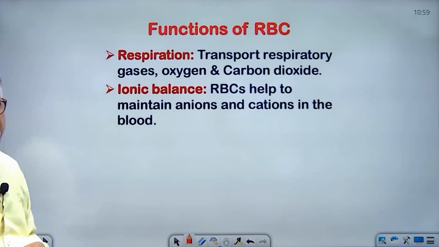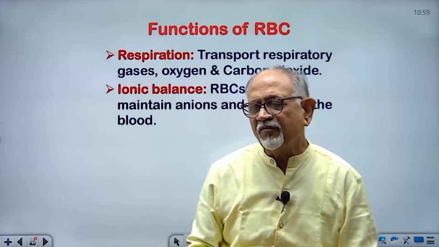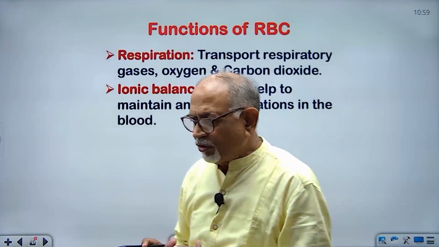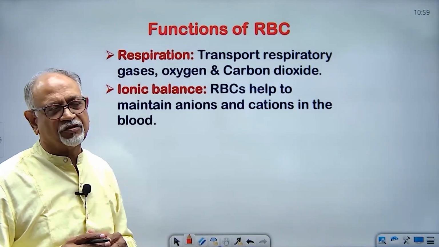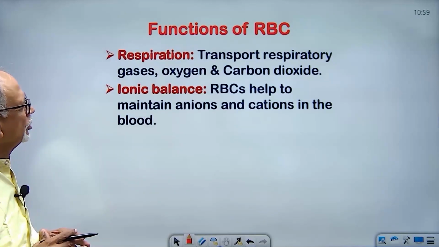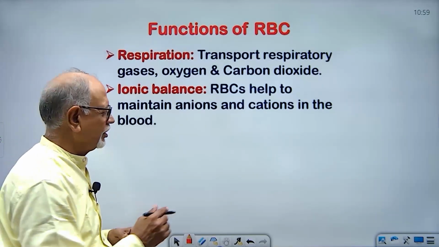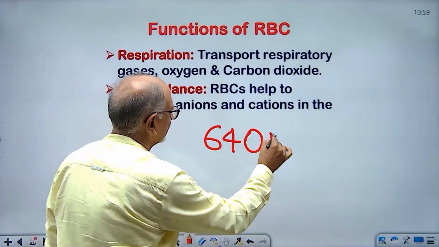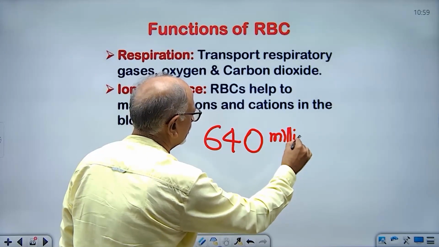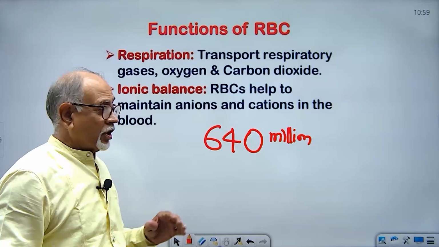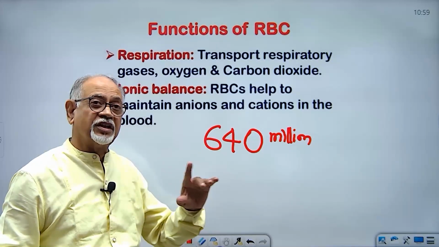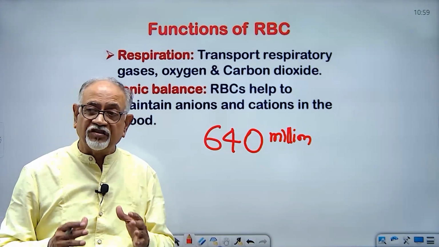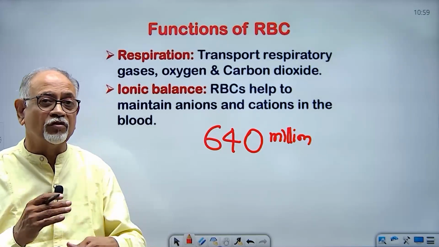Now, functions of RBC. The main function of RBC is in respiration. As we know, the RBC mainly contains hemoglobin, and near about 640 million hemoglobin molecules are present in a single RBC, and each hemoglobin molecule is capable of carrying 4 molecules of oxygen.